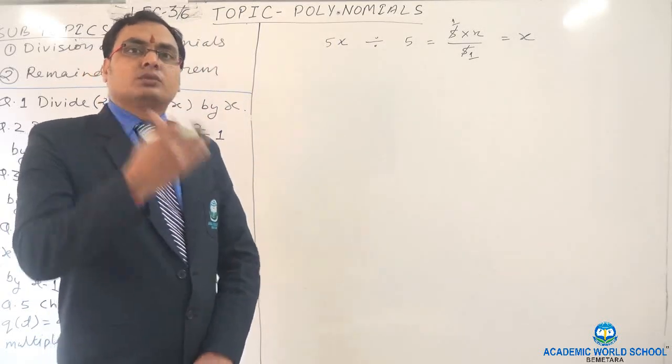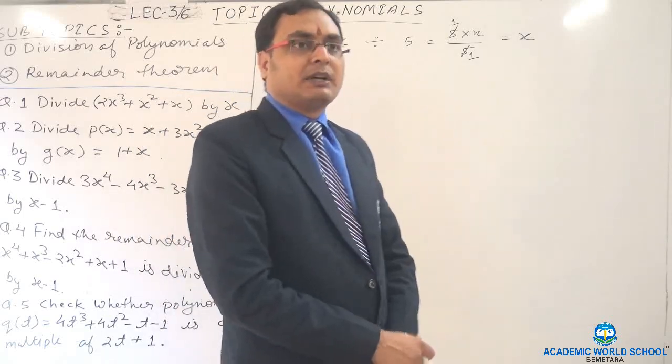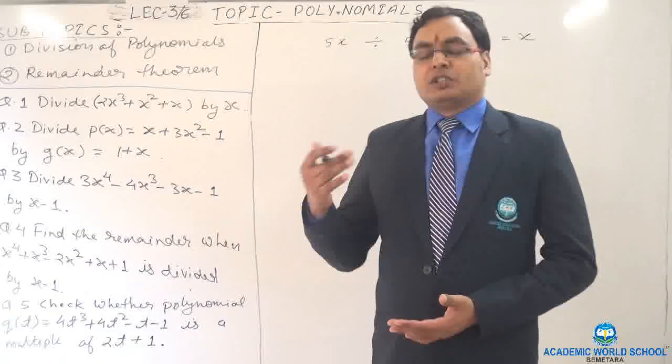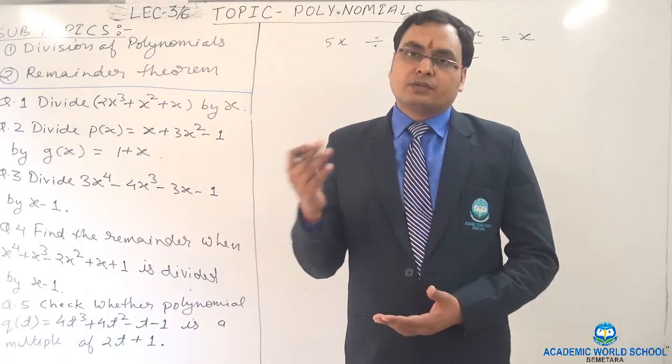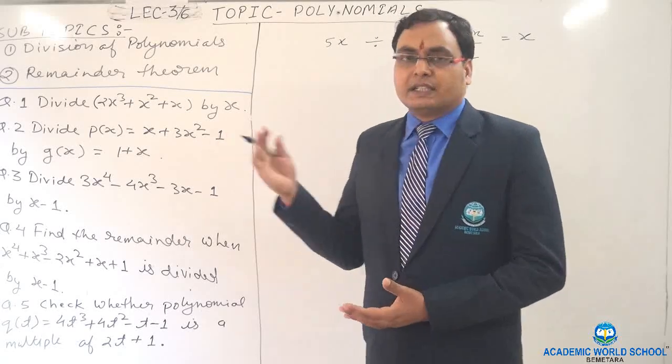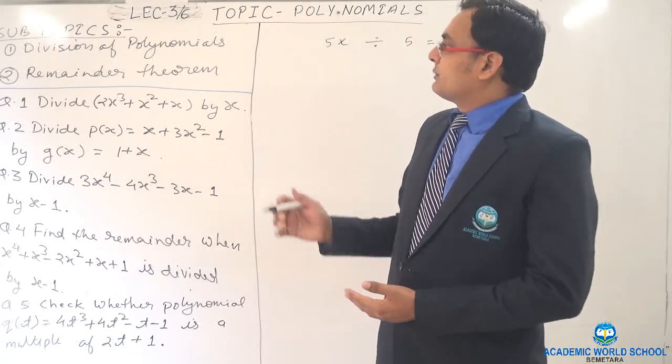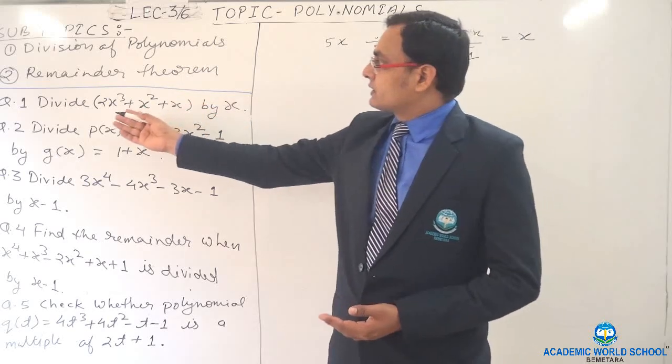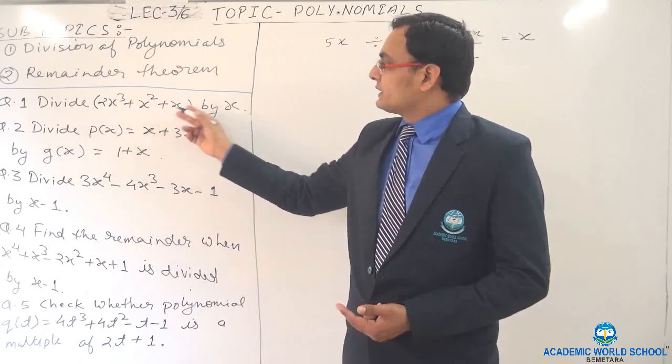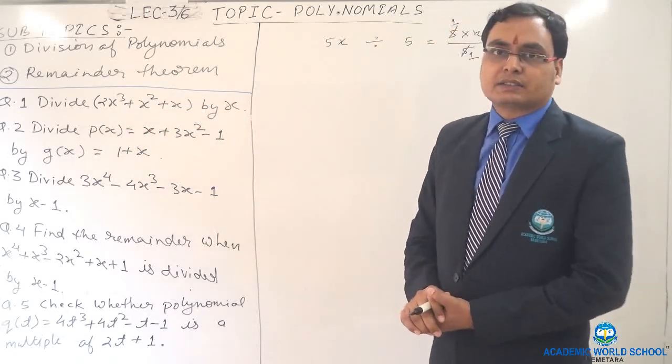Further, if we move to higher polynomials, binomials, and polynomials of degree 2, 3, 4, then also we can divide them. For example, if we look at this first question, divide 2x cubed plus x square plus x by x.